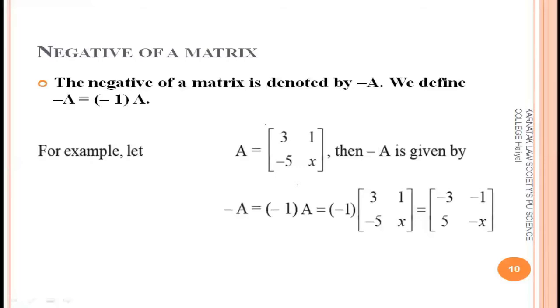That is, if they have given A matrix as 3, 1, minus 5, x, then negative of A means we need to multiply matrix A by minus 1. It is also scalar quantity only. Here we need to multiply each element present in the matrix by minus 1. That is minus 3, minus 1. Already here minus 5 is there. So minus of minus becomes plus. So 5 and minus 6.